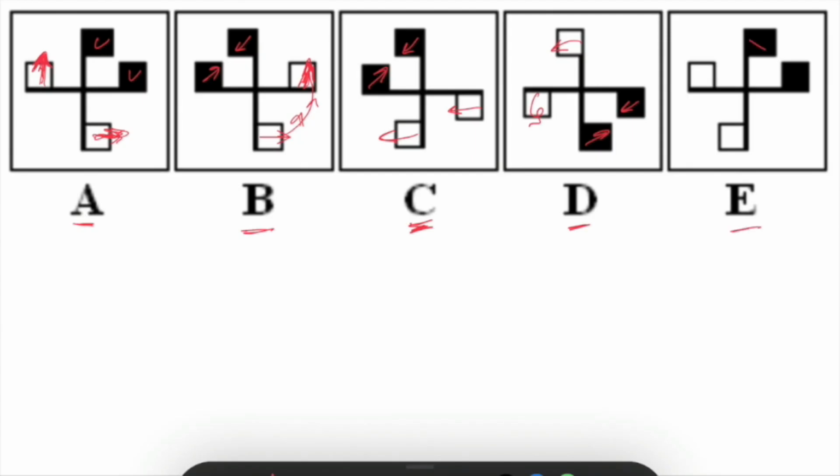In E we also have the black boxes facing each other, and both white boxes go clockwise.